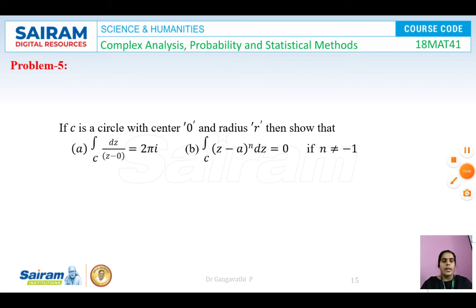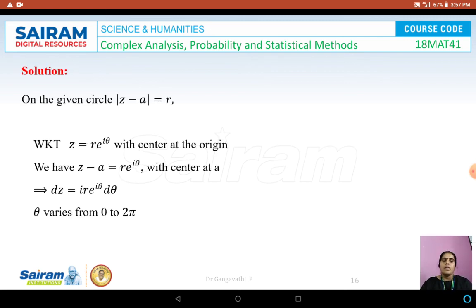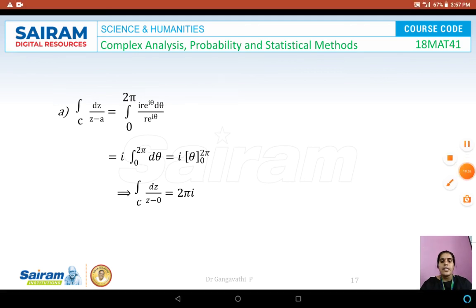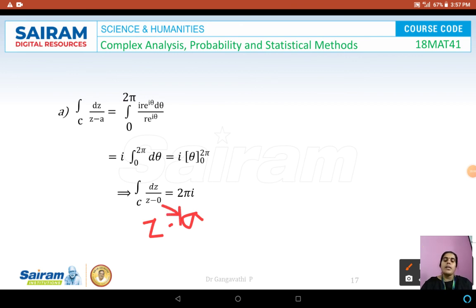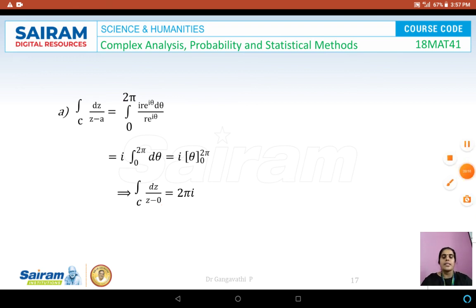Here you can make a correction, it is z minus a, in the denominator. So the integral over c of dz by z minus a is equal to 2 pi i, which we have evaluated and got the answer.